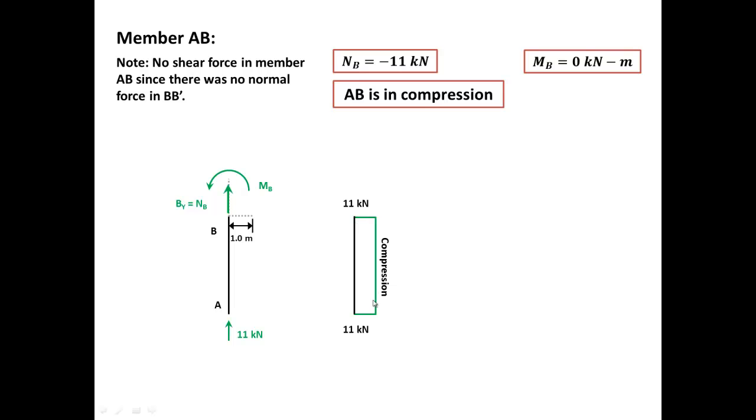So in compression, and note there is no shear and no moment, because moment is 0, and we said no shear force in the member. I believe now we are ready to draw the whole thing or put all the pieces together.